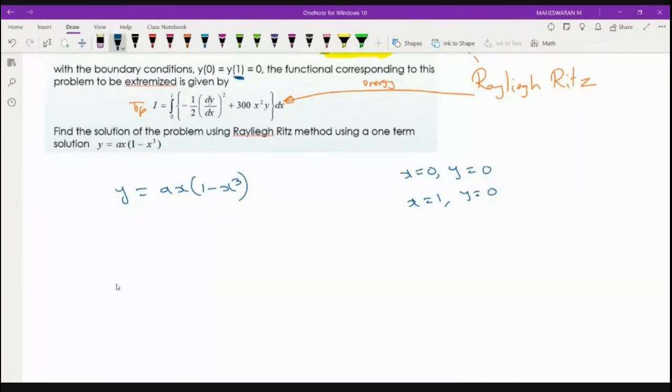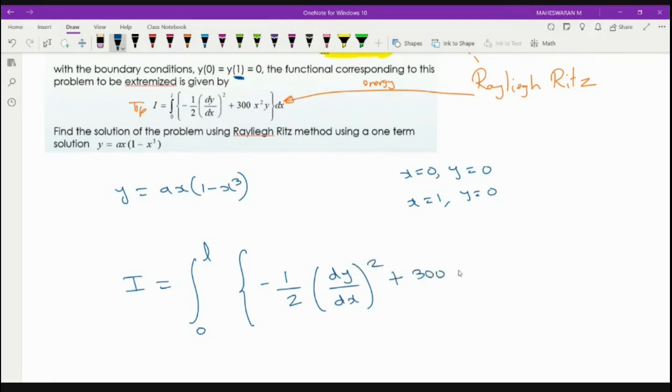They have given I. So I is equal to integral 0 to L of minus 1 by 2 dy by dx the whole square plus 300 x square y. So this is my term. In this, just look here, your y is here and here.